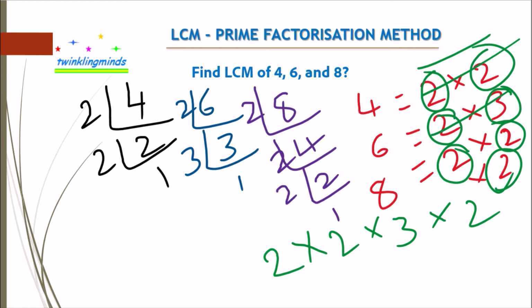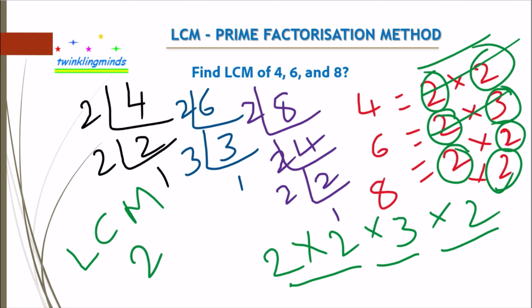So our LCM is nothing but the product of these four numbers. So what is the product of these four numbers? 24. So our LCM is 24.